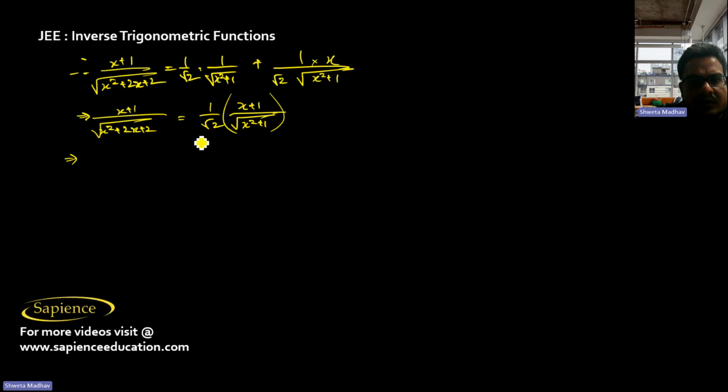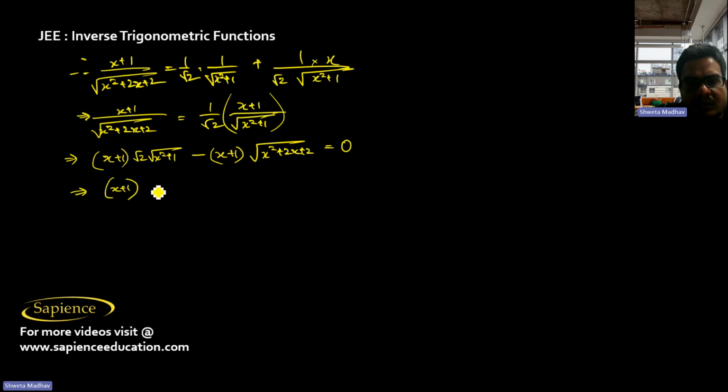Then we can cross multiply, then we'll get x plus 1 into root 2 root over x square plus 1 minus x plus 1 into root over x square plus 2x plus 2, that is equal to 0. So then we can take x plus 1 as common, and then root 2 into root x square plus 1 minus root over x square plus 2x plus 2 is equal to 0. So either this is equal to 0 or this is equal to 0.